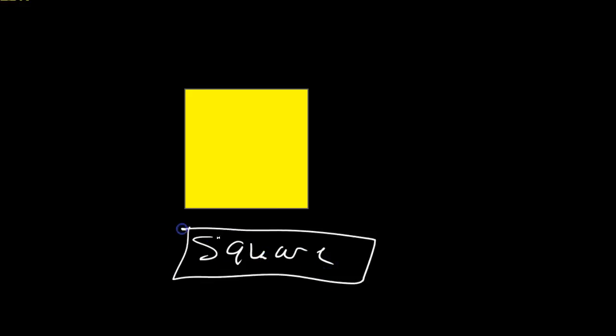It's even a rhombus, because all 4 sides are equal. But you can't just say rhombus or parallelogram or rectangle. You have to say square because that's the most specific name that you can give it.